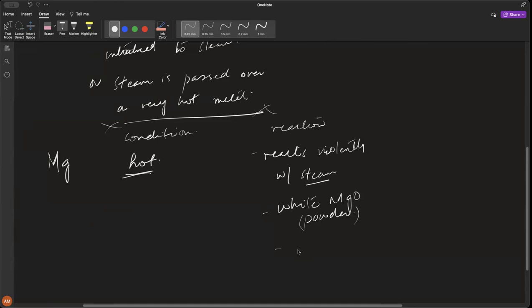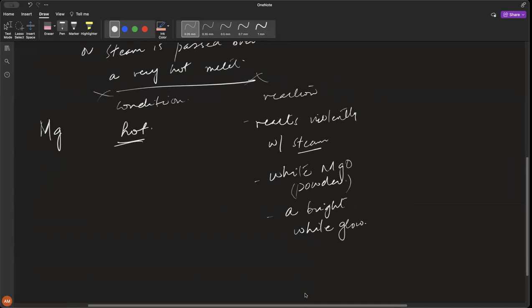The third observation is that a bright white glow is observed in the reaction. What is the equation of the reaction? These need to be memorized. You need to memorize all of them, inshallah.